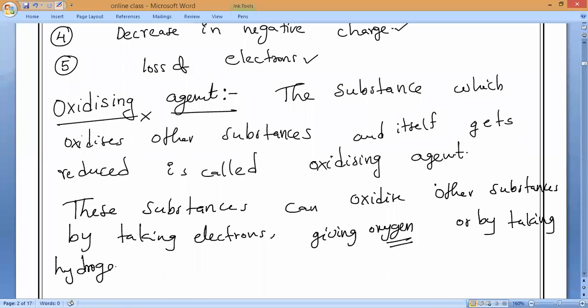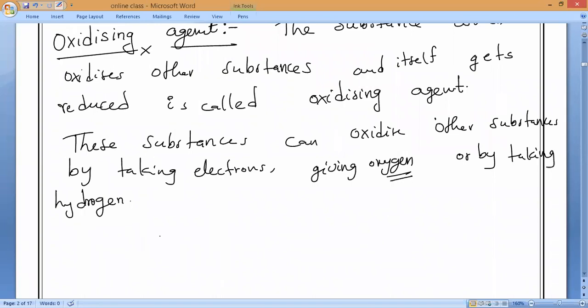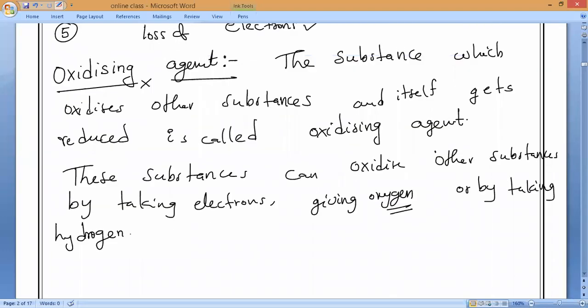That is what we call an oxidizing agent. Remember, it is the source of oxygen, always on the reactant side. The oxidizing agent is always present on the reactant side. Who is the source of oxygen, or is going to take the hydrogen, is called an oxidizing agent. It may not have oxygen, but if it is going to take hydrogen, it is also called an oxidizing agent. While I'm teaching the examples, you can understand.